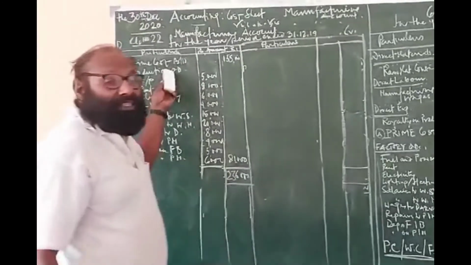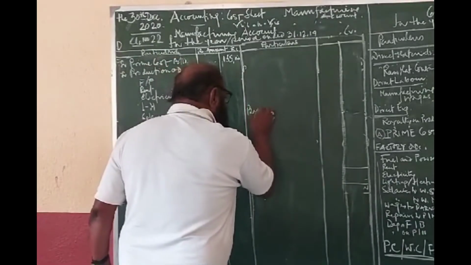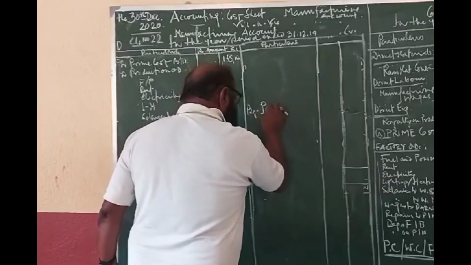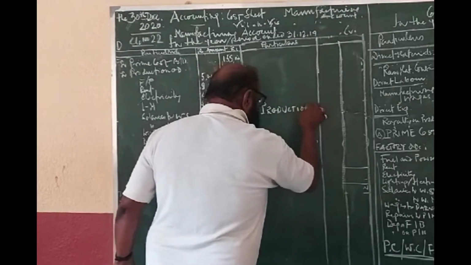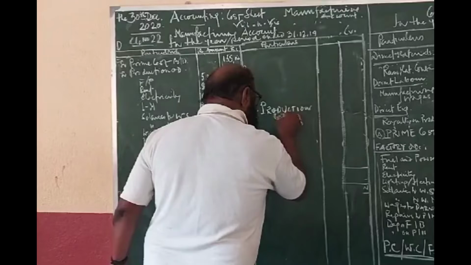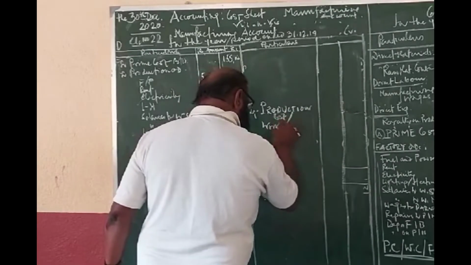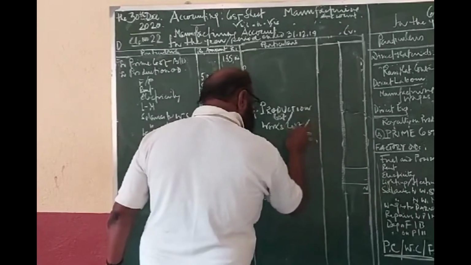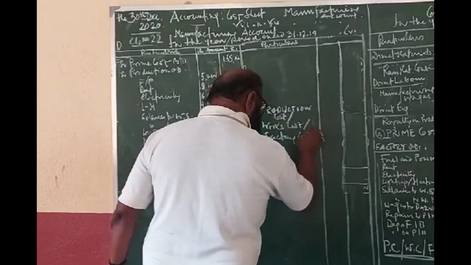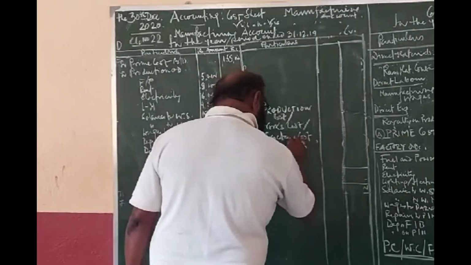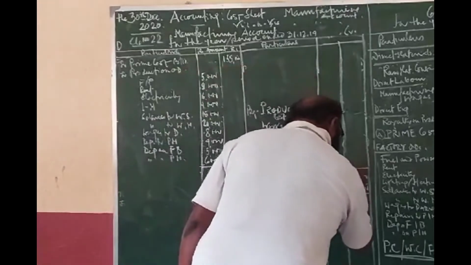When we have added production overhead to prime cost, it becomes production cost or works cost or factory cost. Okay, factory cost, how much? 2,36,000.